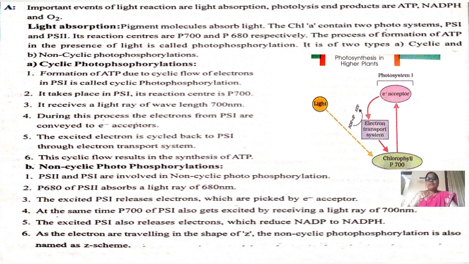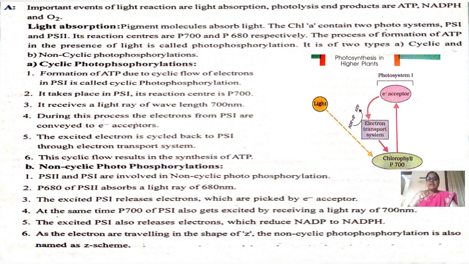These electrons are supplied to photosystem 2, and thus the end products of these light reactions are ATP, NADPH and oxygen. So this is about the light reactions.